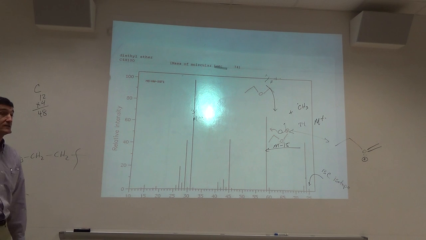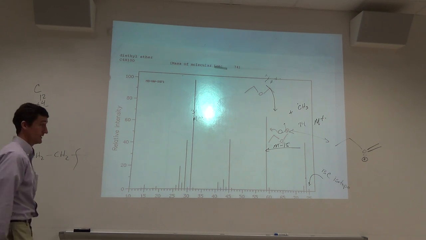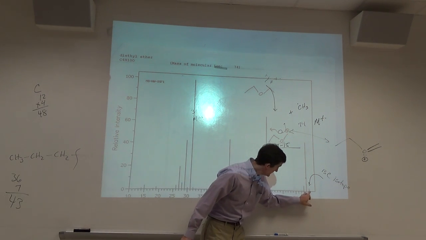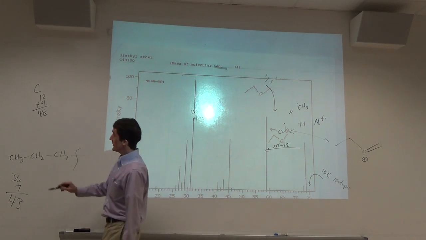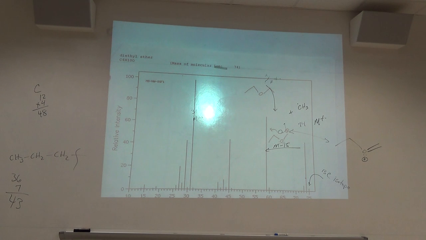It's possible, but that's going to be even less likely. Well, maybe it just didn't show up and it's in the noise there. What's the likelihood of all four of these carbons being C13 in a natural sample? Not that likely. But having one is fairly likely. At least a very small, like 1% chance. So that's a C13 isotope.